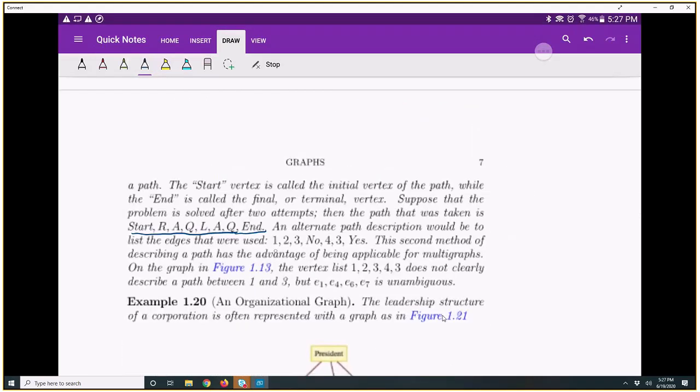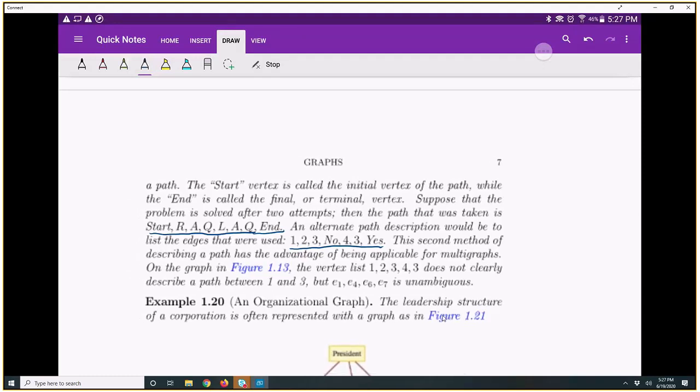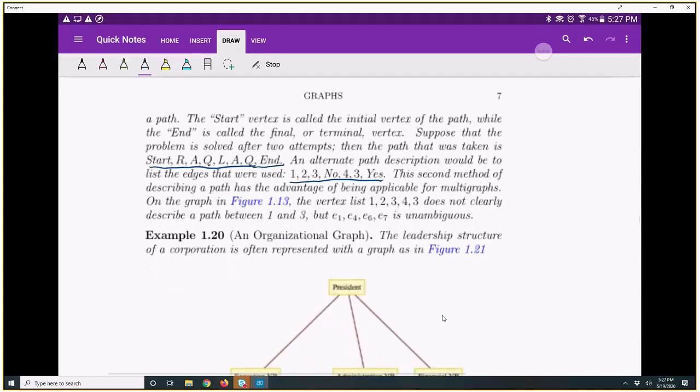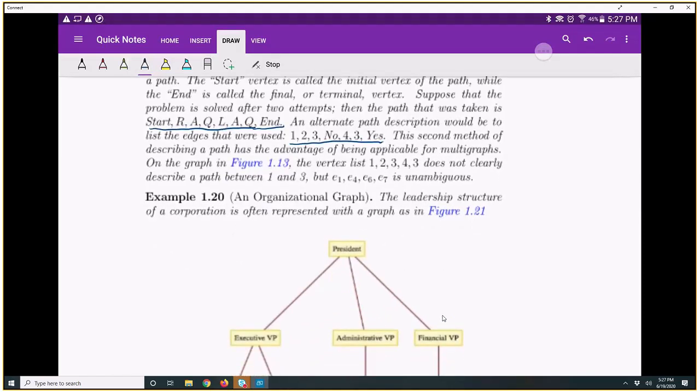Then the description would be 1, 2, 3, no, 4, 3, yes. The second method of describing the path has the advantage of being applicable for multigraphs. Again, we already talked about how in a multigraph, just describing something in terms of the vertices is not clear enough. So instead, we would like to describe the path in terms of the actual labels for the edges.